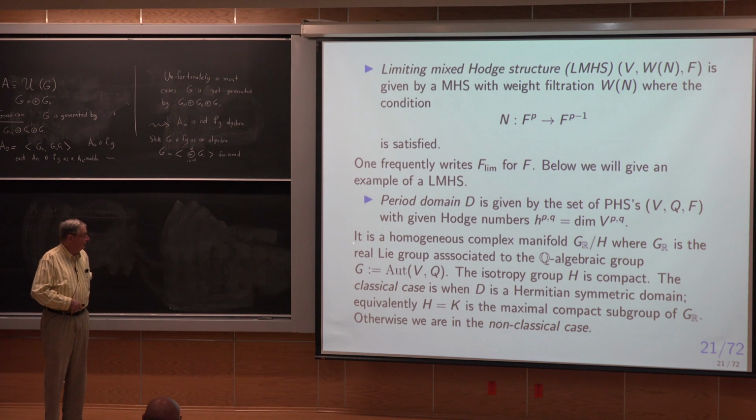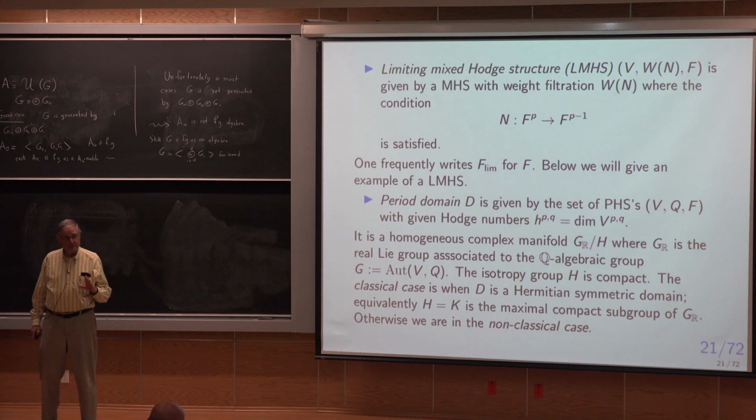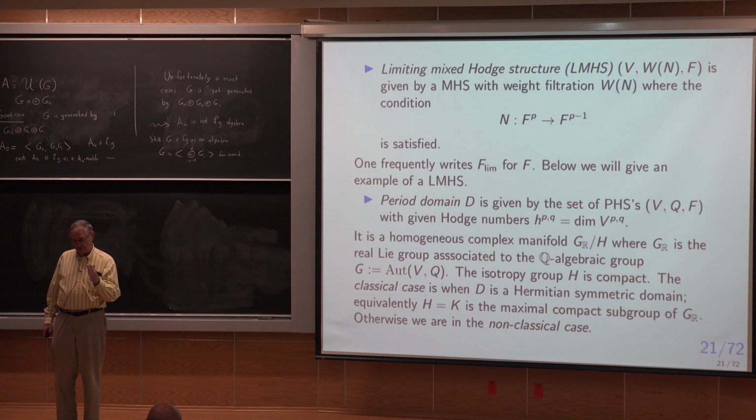And in general, a period domain is a homogeneous complex manifold with compact isotropy group. Among those are the special ones, the Hermitian symmetric ones, where the isotropy group is the maximal compact subgroup. That's the so-called classical case. These correspond to Hodge structures arising from algebraic curves and from K3 surfaces, and that's it. Anything else is non-classical.